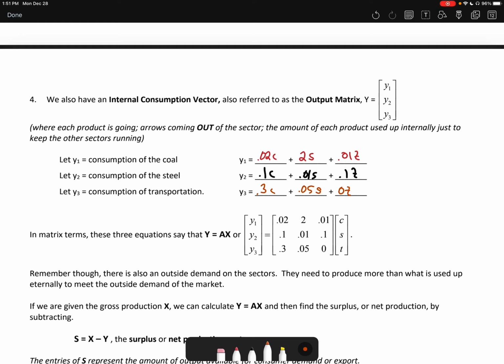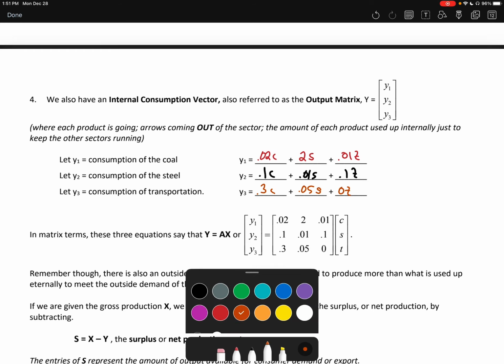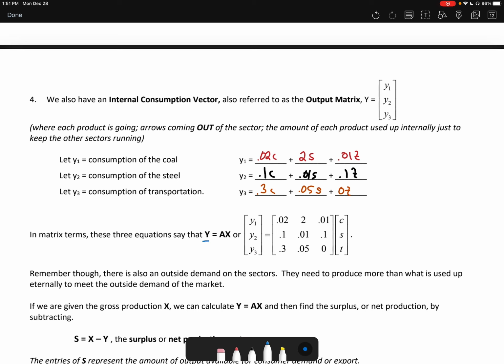In matrix terms, if we put this as an actual matrix equation, I'm going to switch back to my standard blue. This is an important equation: Y equals AX. If I wanted to find these Y values, where those actually come from is taking the A input-output matrix and multiplying it by the X matrix.